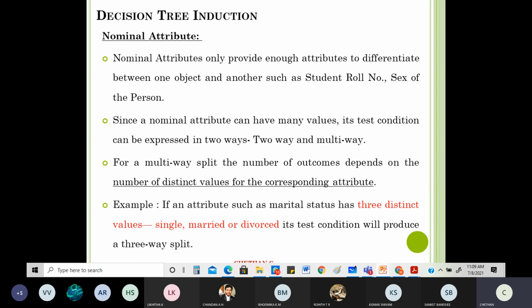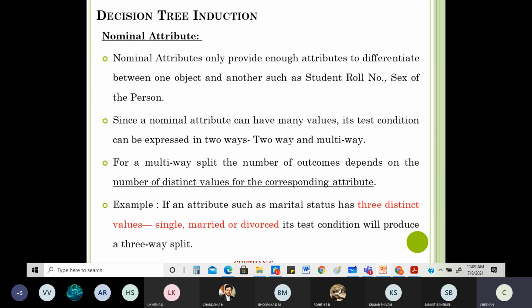Since a nominal attribute can have many values, take an example of your own database. What are the various attributes on which each person is distinguished? Roll number differs from person to person, USN differs from person to person, marks, native place, CET rank or the CBSE percentage, the 12th or 10th percentage.